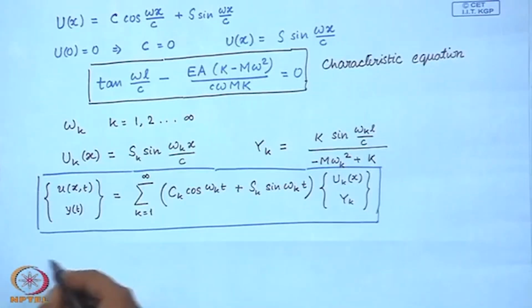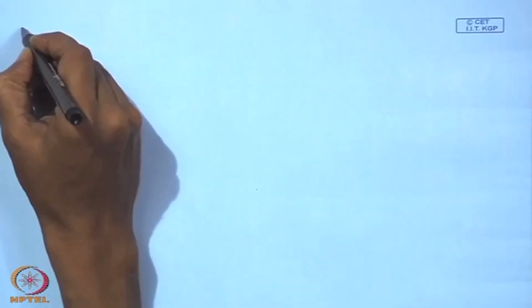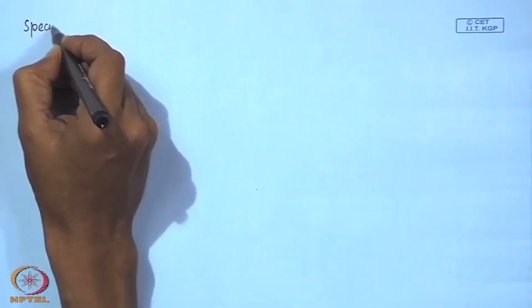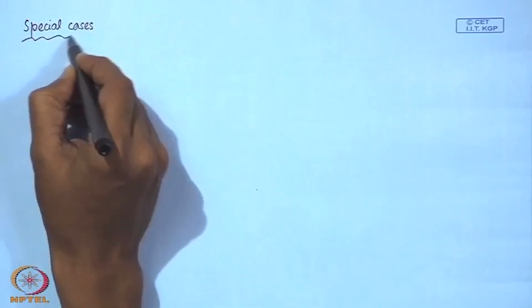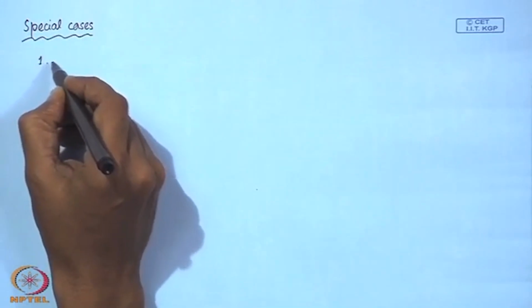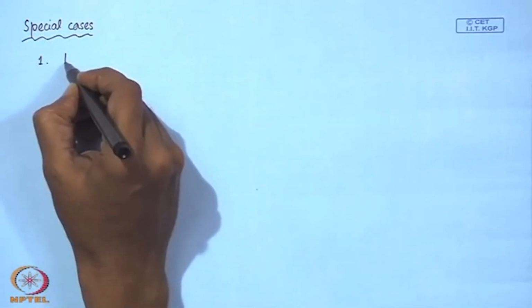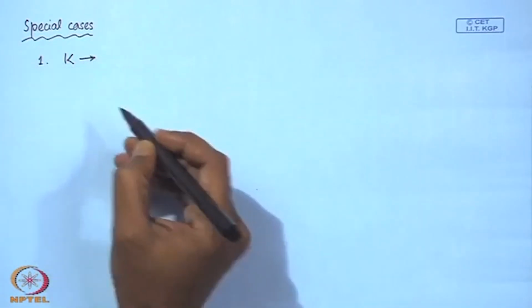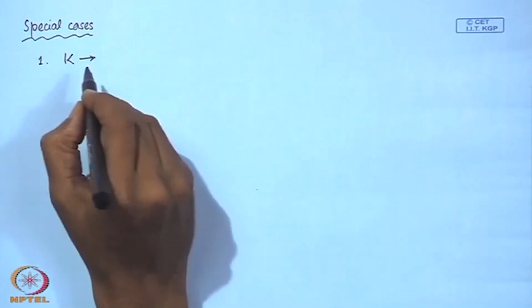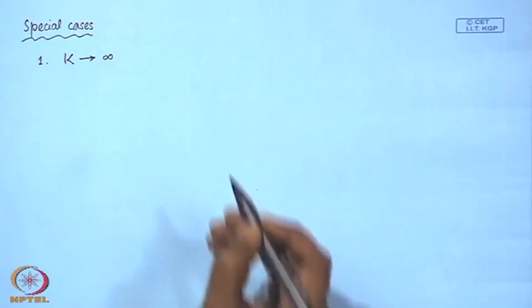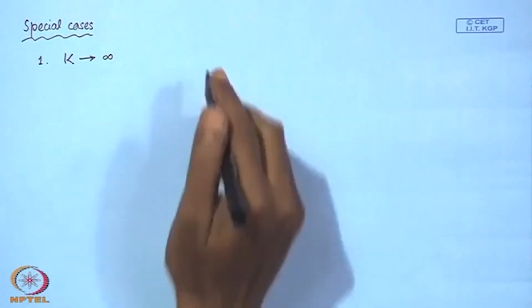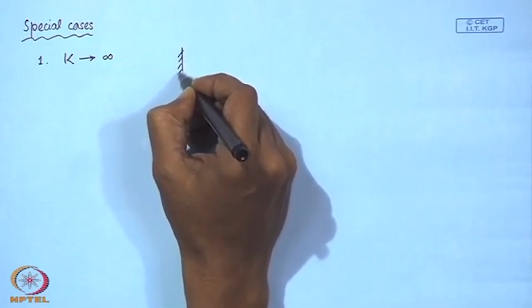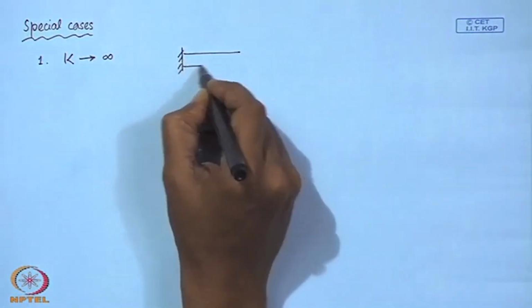One is when the stiffness of the spring connecting the bar and the discrete mass tends to infinity, which means that the discrete mass is rigidly attached to the bar.